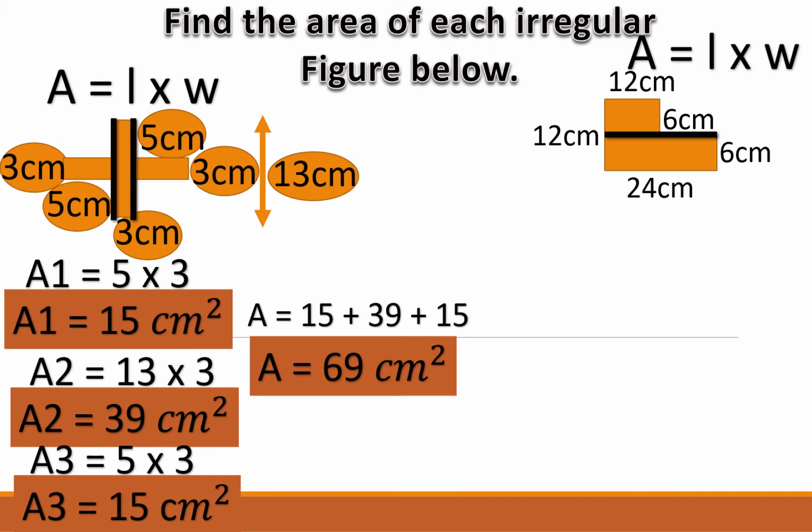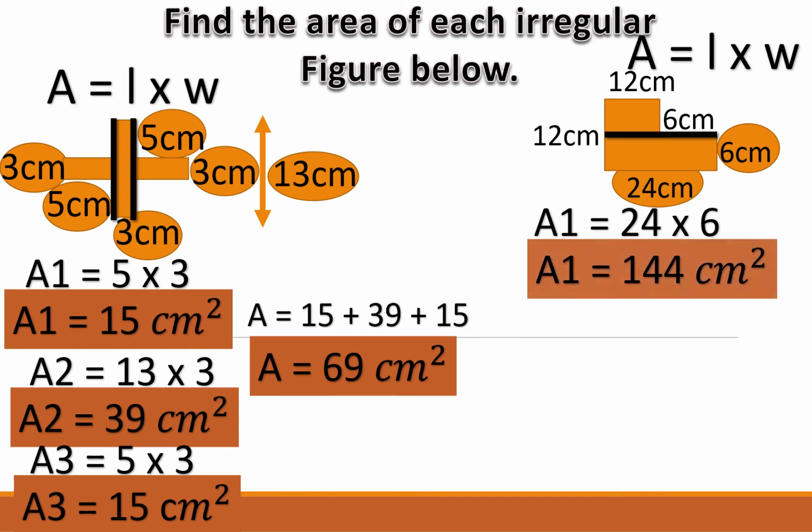So we will find the area by applying the formula, length times the width. Okay, for the first area, we have 24 times 6. And 24 times 6 is equal to 144 square centimeter. In area 2, 12 times 6.